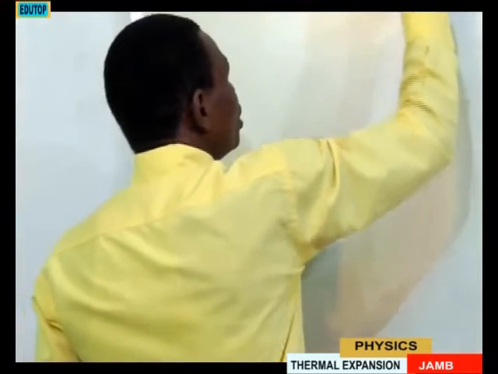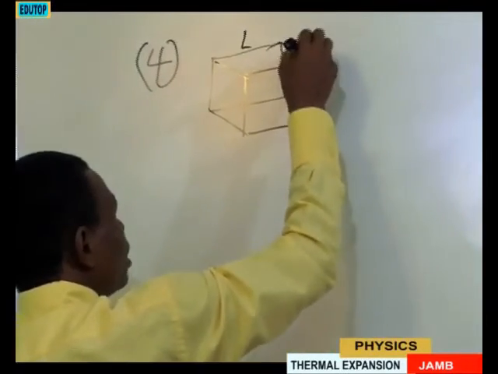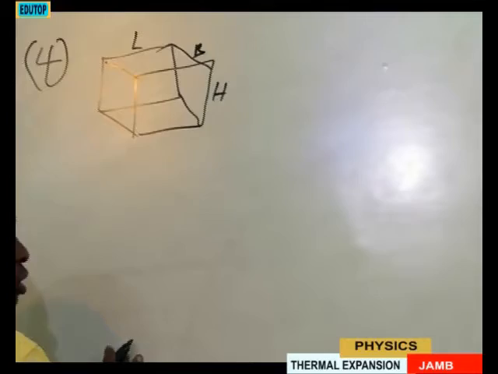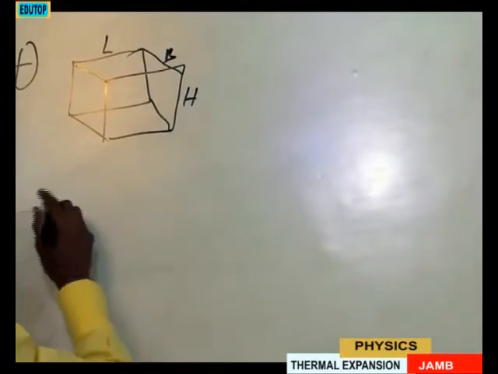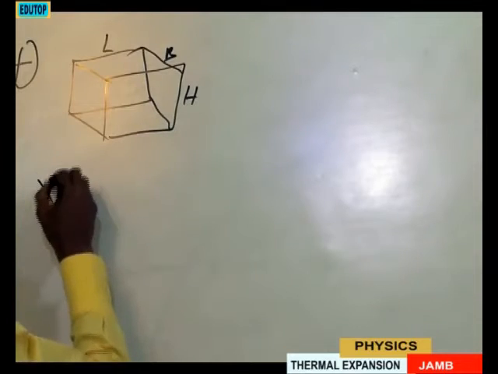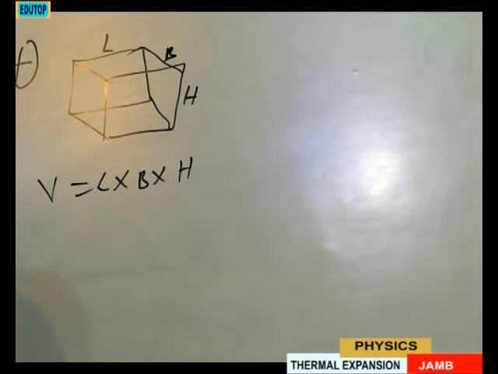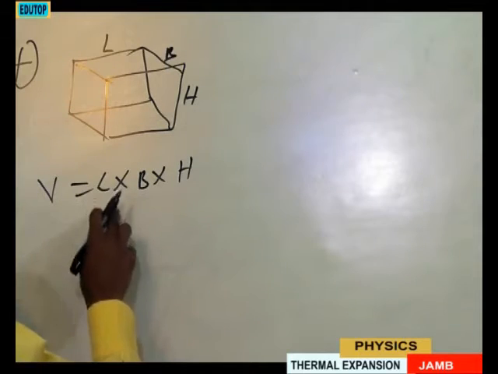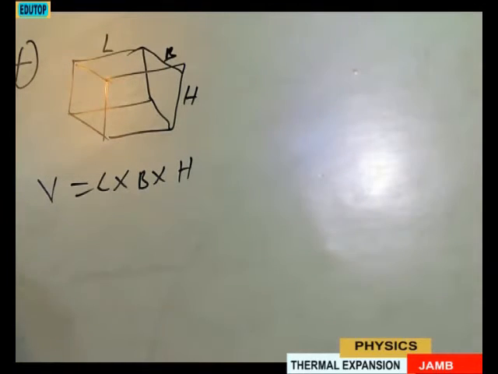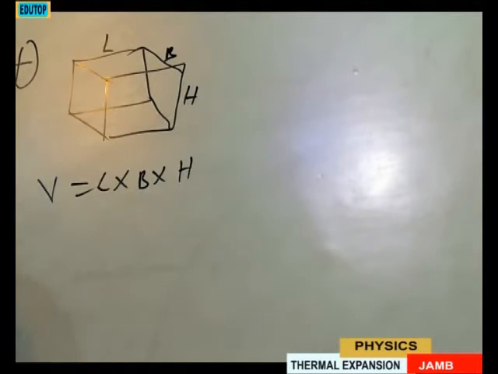This is a cube which has a length, a breadth, and a height. Because before we can have a cube, automatically we are talking about the volume of this shape. And the volume is length times breadth times height. Automatically, this question is cubical expansivity because we are considering 3 dimensions: length, breadth, height.